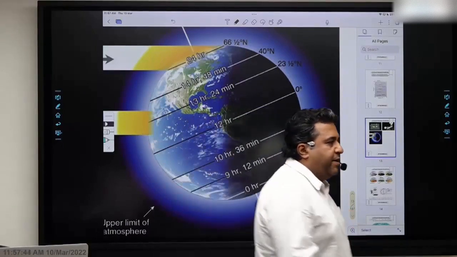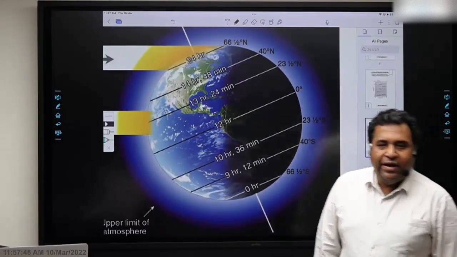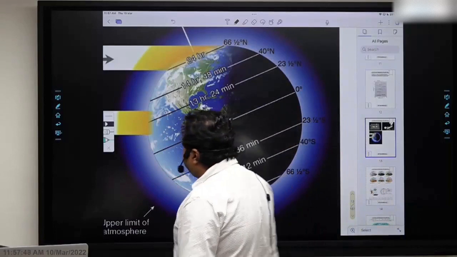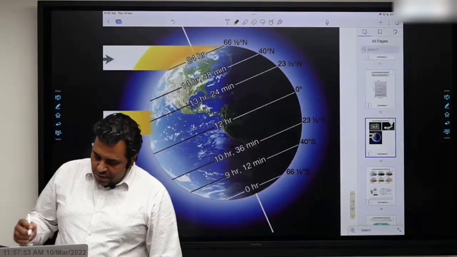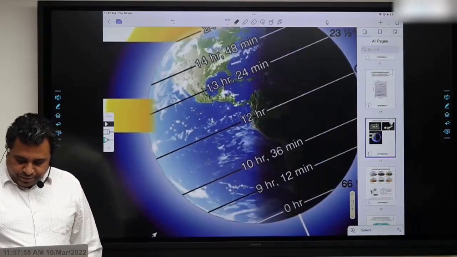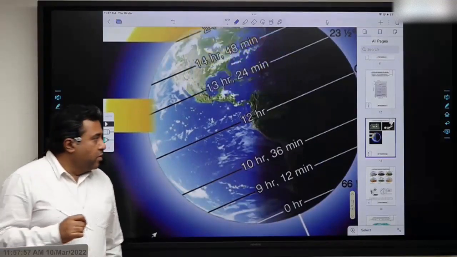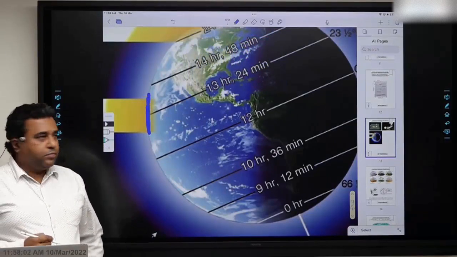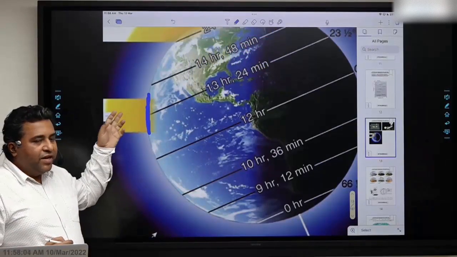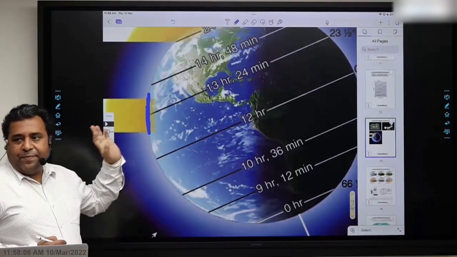Slope and aspect. You write slope and aspect. What is the meaning of slope and aspect? Let us see. Look here. Just assume that right now the earth's surface in this region is flat. So sunlight is falling perpendicular.